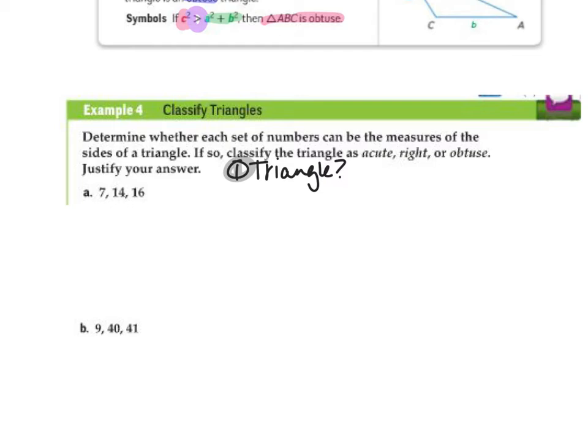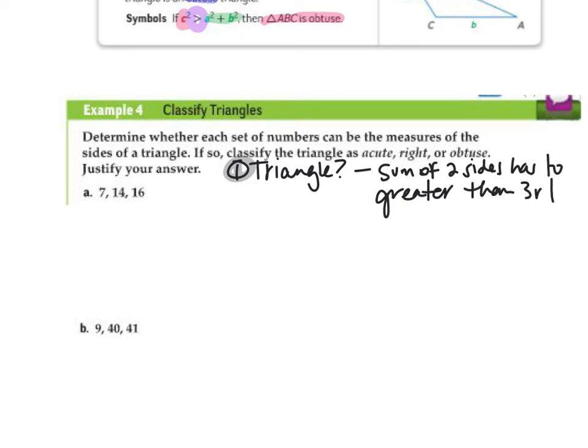In order for it to be a triangle, the sum of two sides has to be greater than the third side.